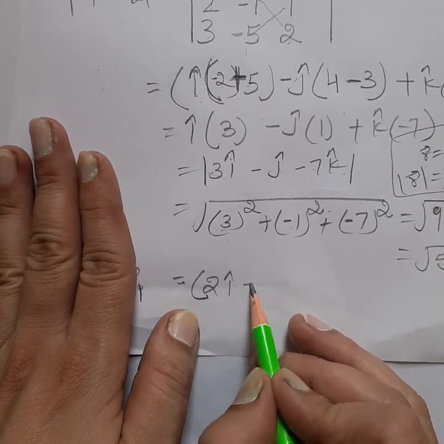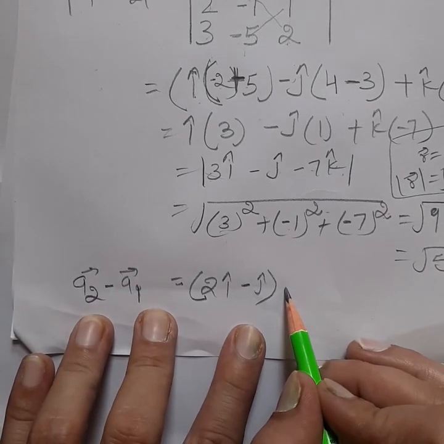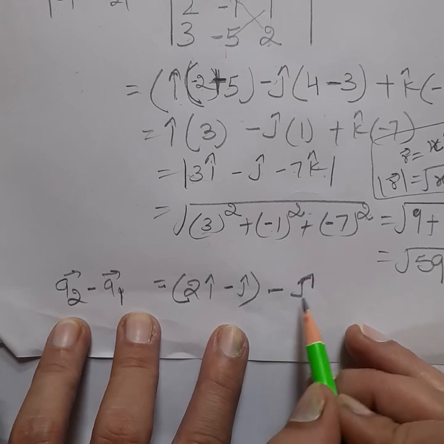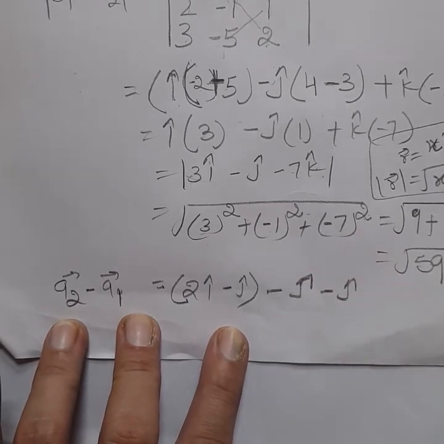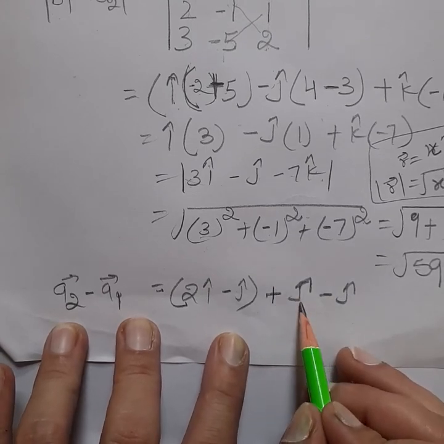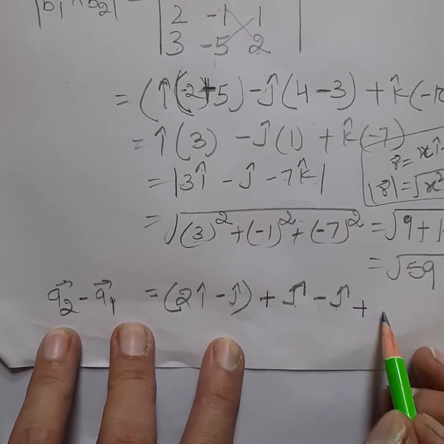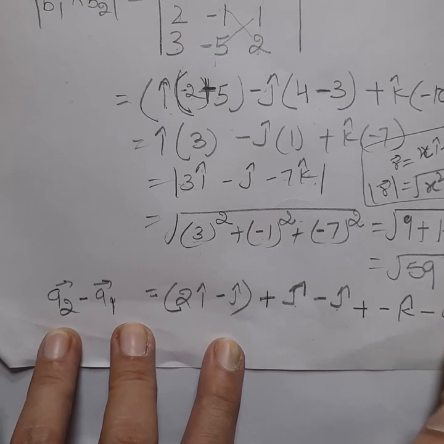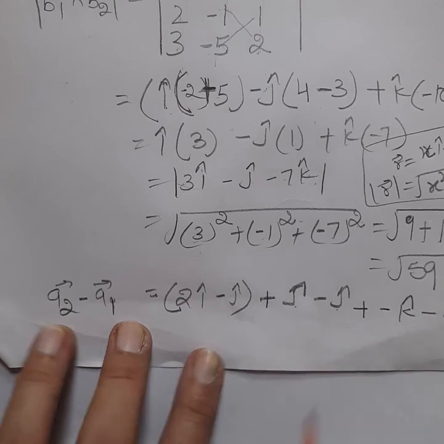2i minus i. Okay, and after that we can write here minus j and minus j, because we have to subtract the first from the second, plus j minus j, and the third one we have minus k and minus 0k, because we have no coefficients of k in our a1 vector.